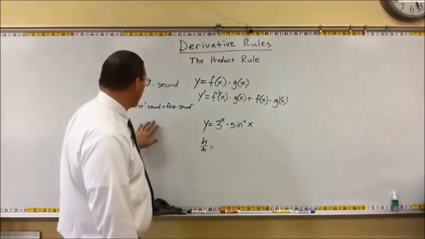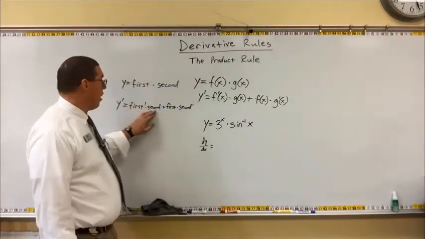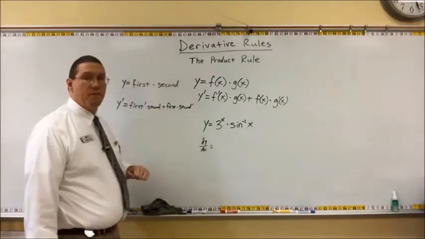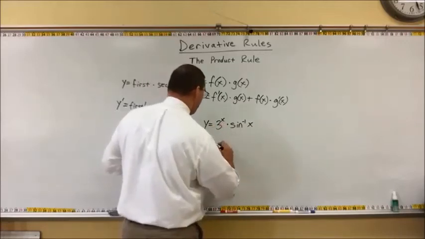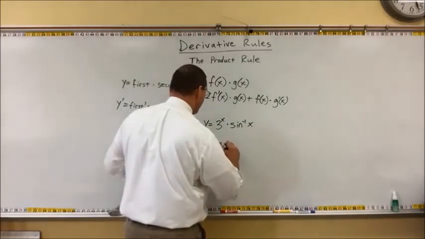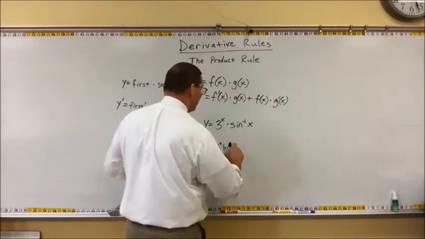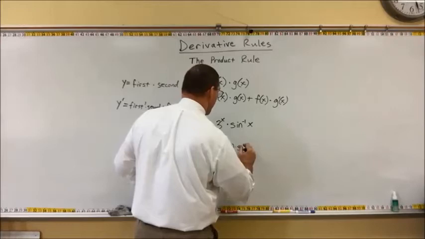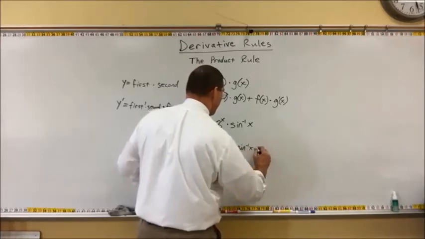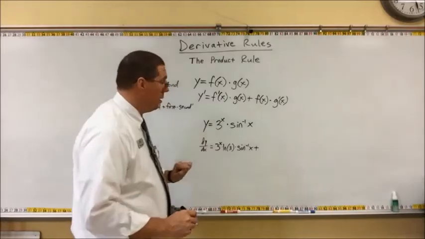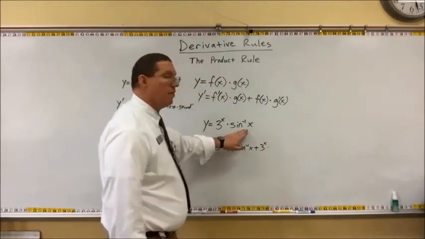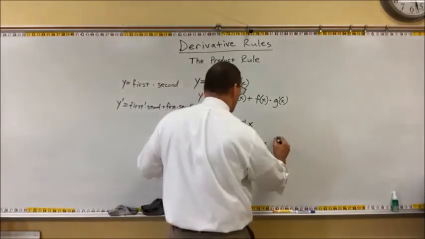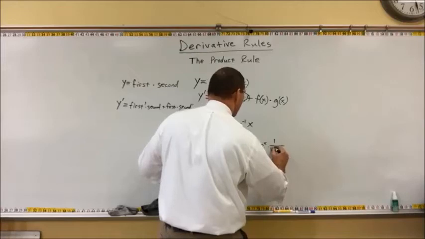All right, so remember, it's the derivative of the first times the second plus the first times the derivative of the second. So here, it's the derivative of the first, so the derivative of 3 to the x power is 3 to the x power times natural log of 3, times the second function, sine inverse of x, plus the first function, 3 to the x power, times the derivative of the second function, which is 1 over the square root of 1 minus x squared.